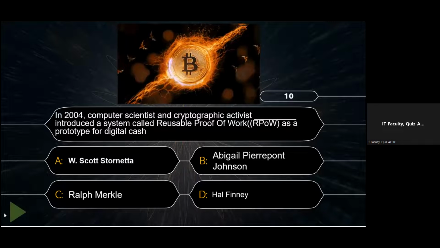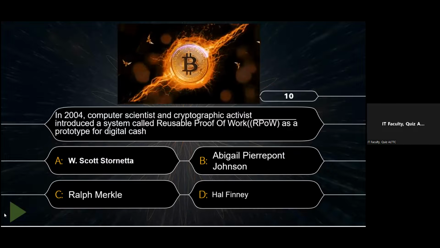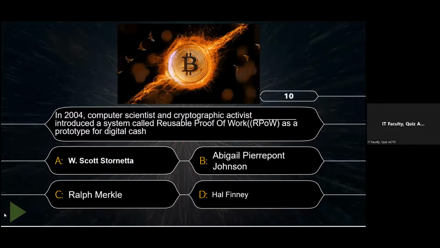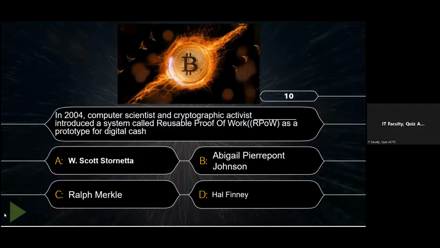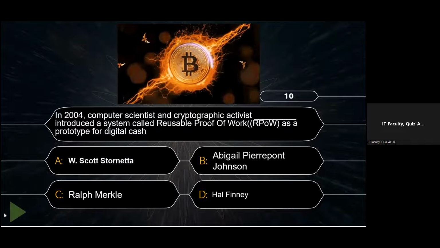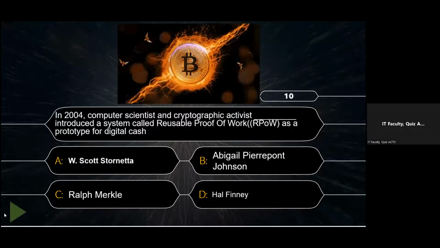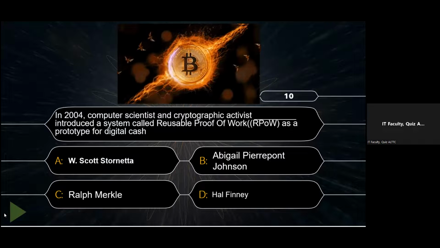So, what is the correct answer of this question? I'm saying option number A, and people are saying the option number D. So let's see what is the correct answer of this question.